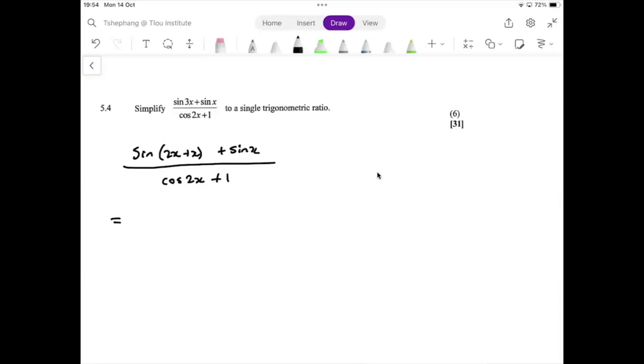Now it's going to be a very long sum because I have compound angle there. So I'll say this is sine 2x.